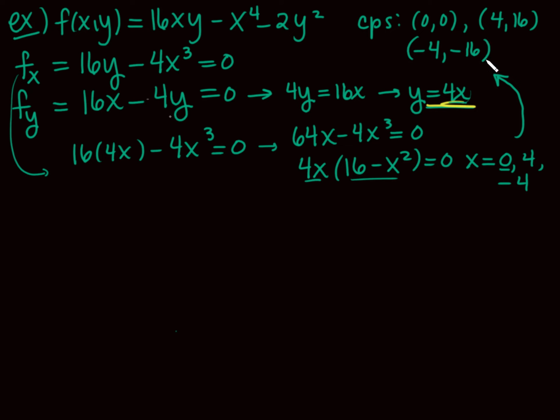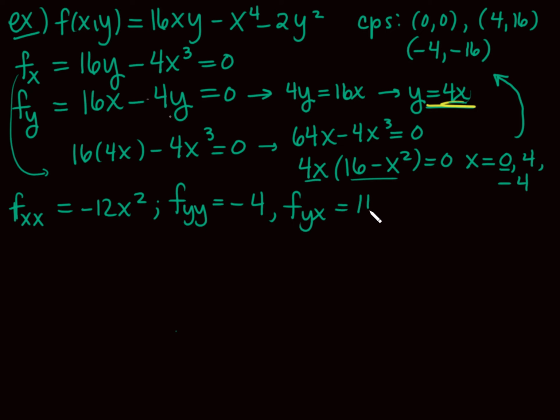All right, so I have 3 critical points to test. And what I need to do now is find my second derivatives. So f sub xx is negative 12x squared. F sub yy is negative 4. And f sub yx is 16.